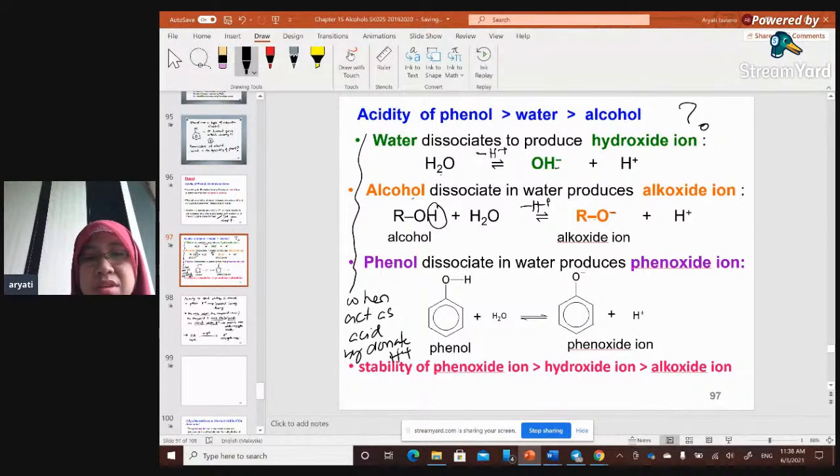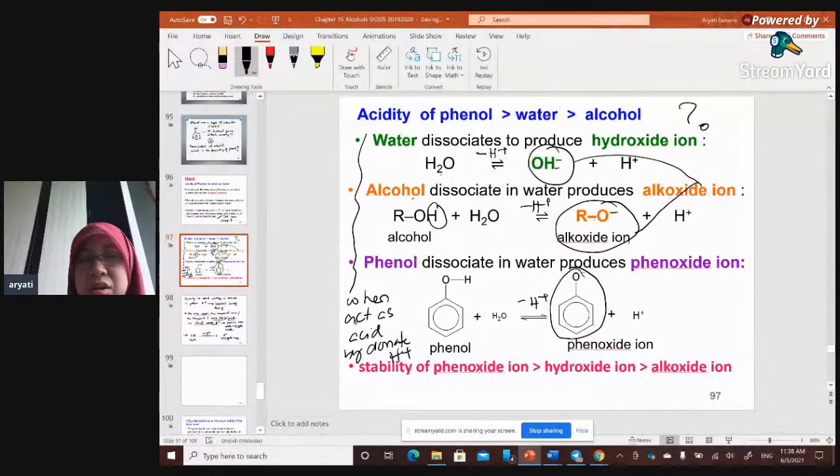Ini adalah alkoxide ion. When phenol dissociate proton H plus, so dia akan jadi phenoxide ion. So hydroxide ion, alkoxide ion, phenoxide ion, tiga ni ialah conjugate base.